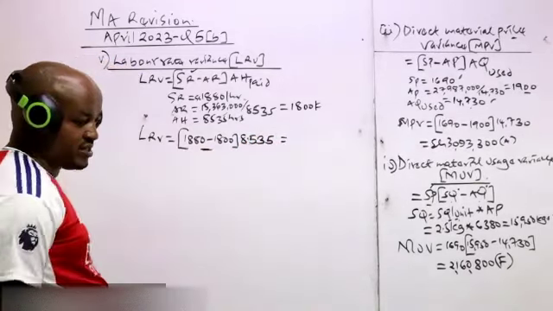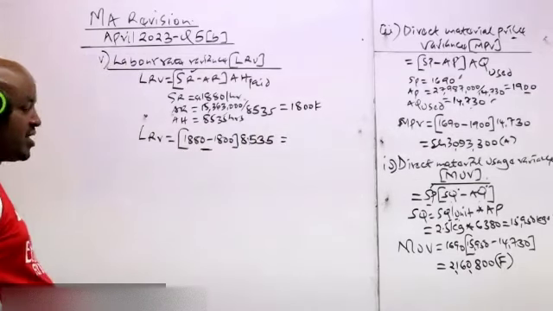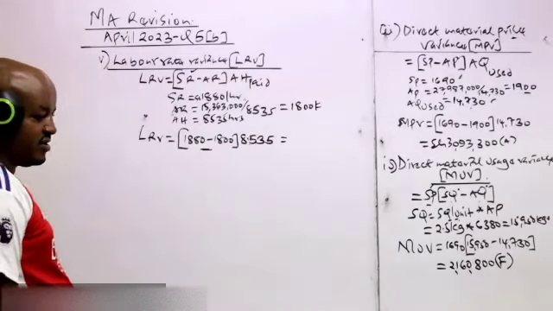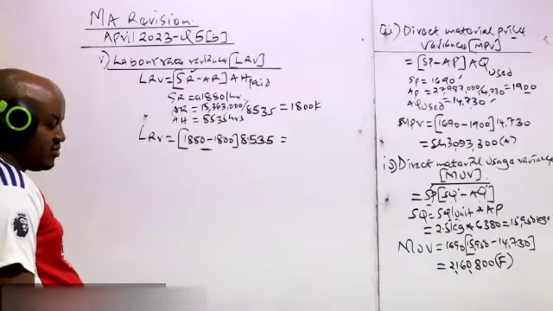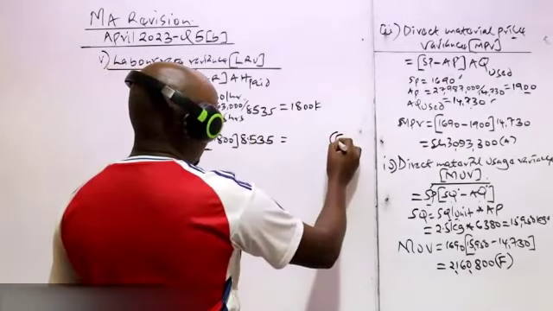First of all, you work out that. You can see that is basically a positive, meaning that this would be a favorable variance.